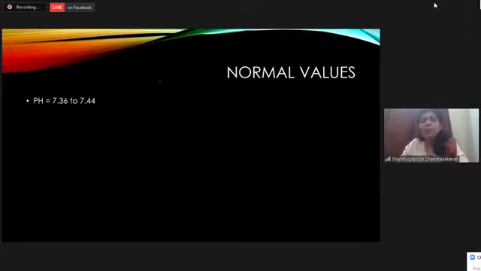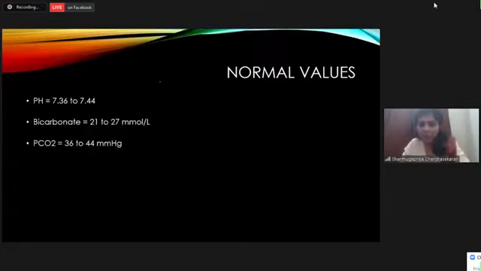Bicarbonate value is 24, on either side 3, so it is 21 to 27 millimoles per liter. What is the normal PCO2? It is 40, on either side 4, so normal PCO2 is 36 to 44 millimeters of mercury. And the normal anion gap, I told you, is 12, on either side 2, so it is 10 to 14.